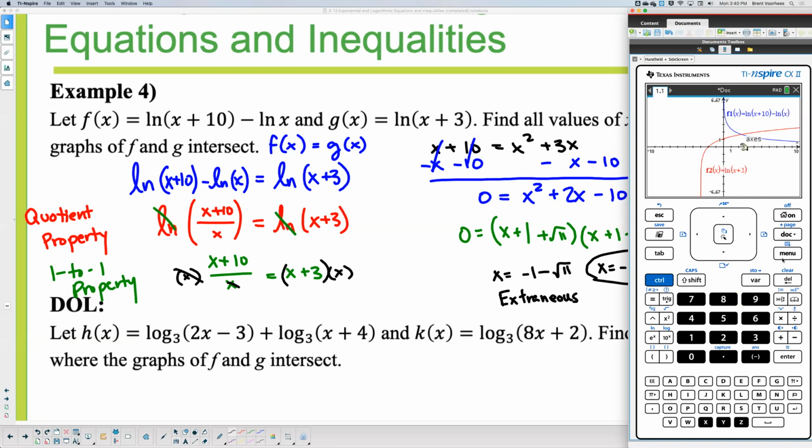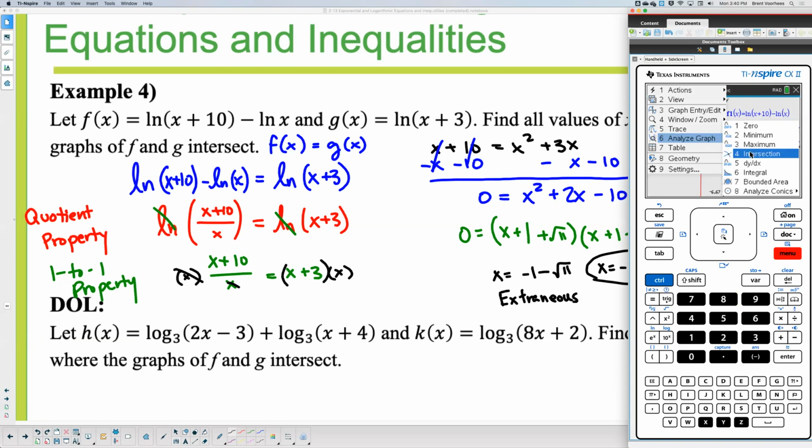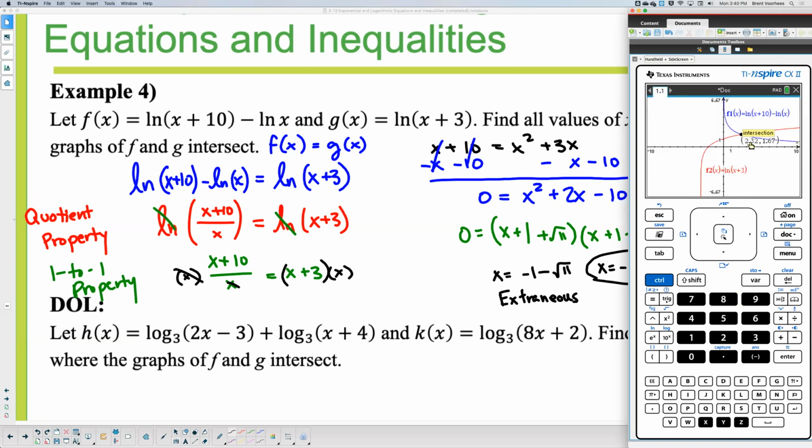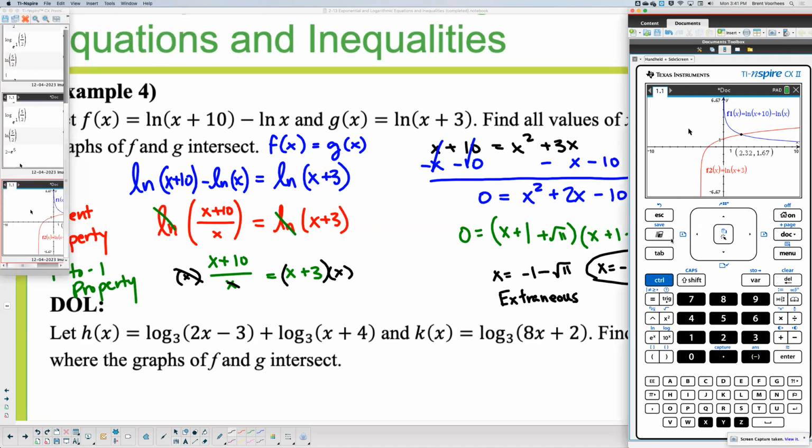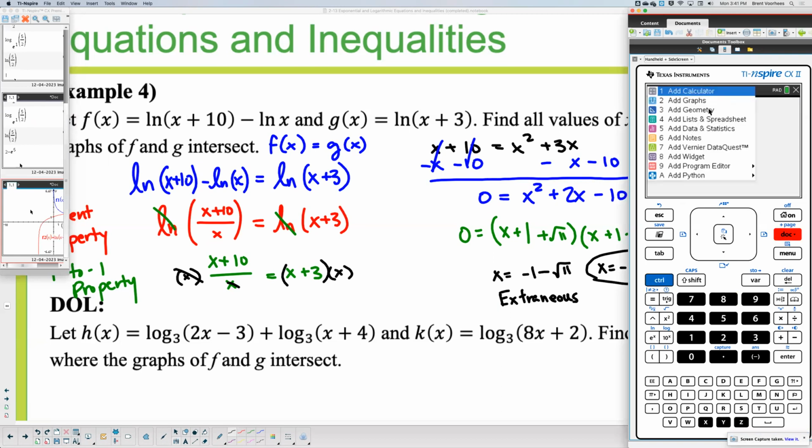We have one intersection, menu, analyze graph. That intersection is at that point right there. And we could check that out. Let me go ahead and capture that here. And what I'm going to do now is add a page, go to a calculator, and type that in.